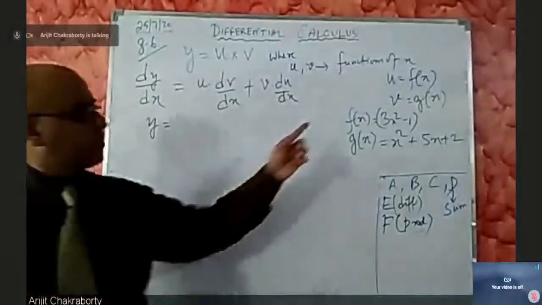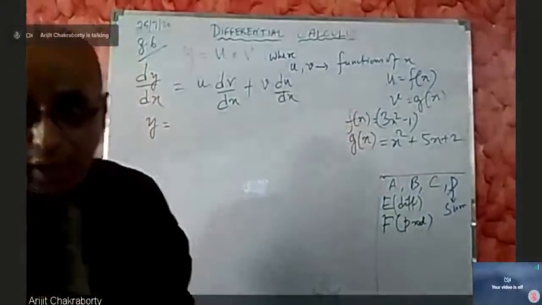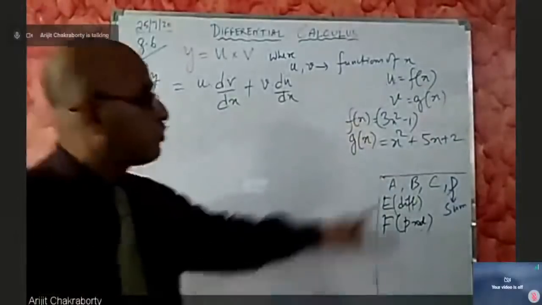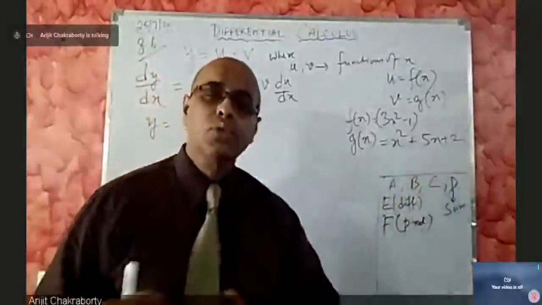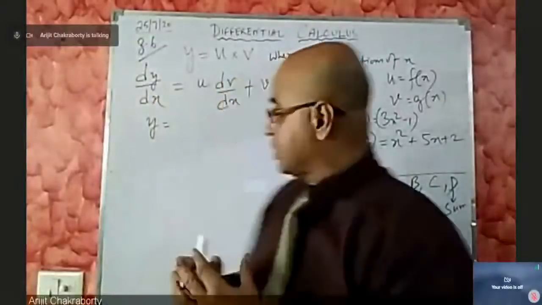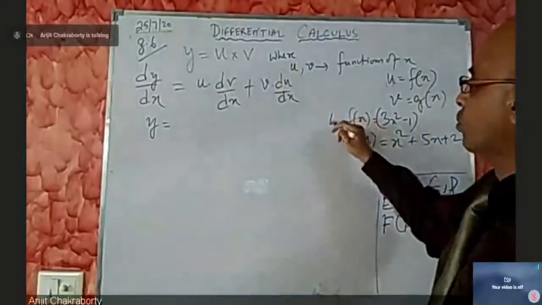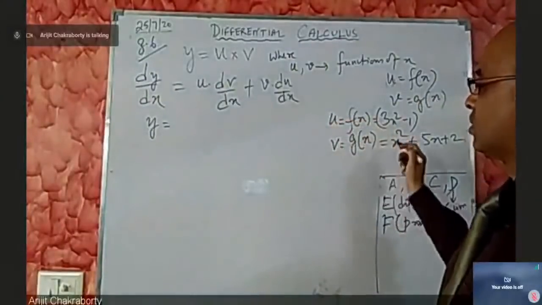Okay, so one is 3x square minus 1 and the other function is x square plus 5x plus 2. These two functions are multiplied. So fx and gx, and say u is equal to fx and v is equal to gx.